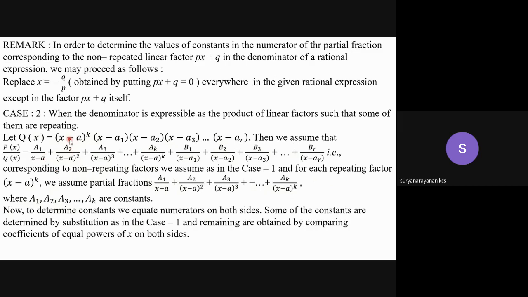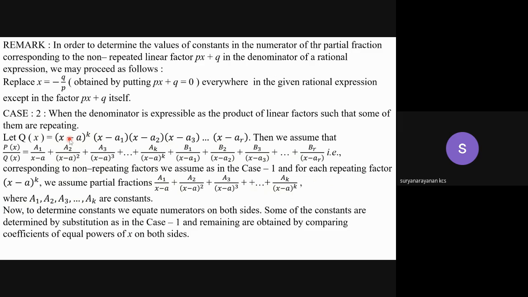First step is you have to finalize whether the given rational function is a proper rational function or not. Only for proper rational functions we can write partial fractions. In case the given rational function is an improper rational function, we have to transform it into a mixed one, a polynomial plus a proper rational function.